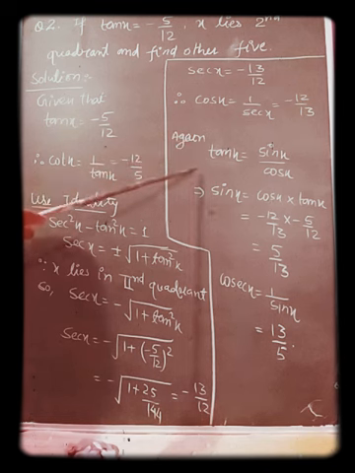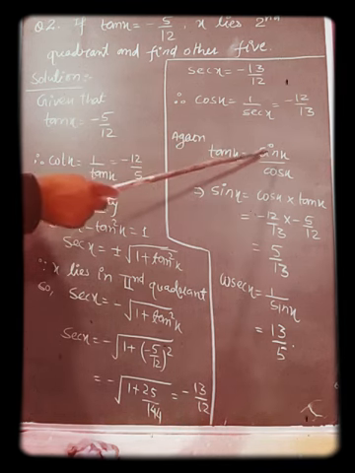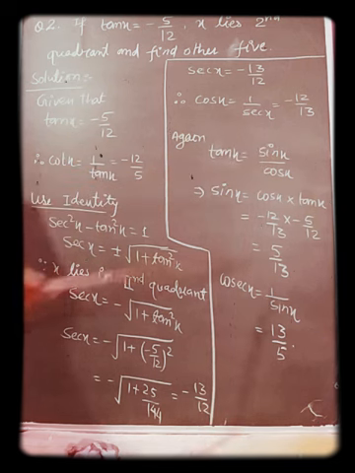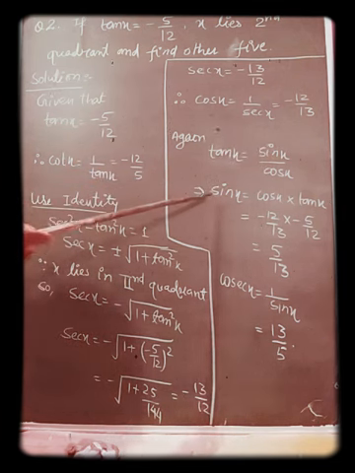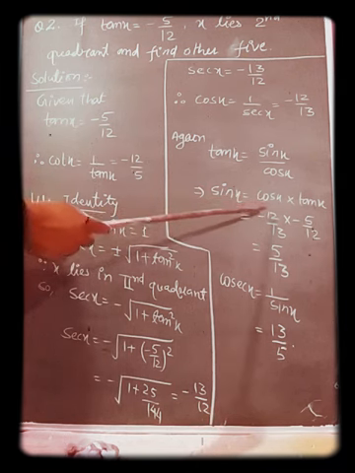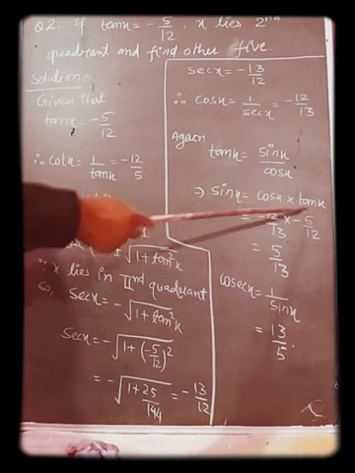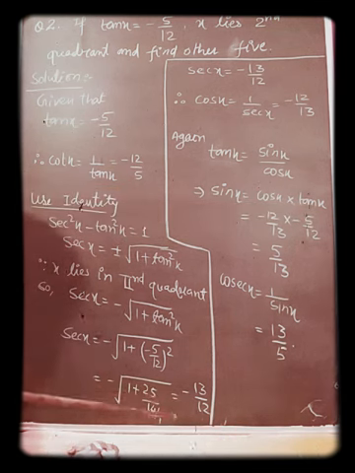Again, we use the formula tan of x equal to sin of x by cos of x. So we find sin of x, this equal to cos of x into tan of x.